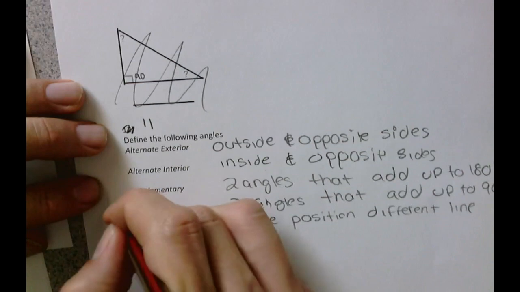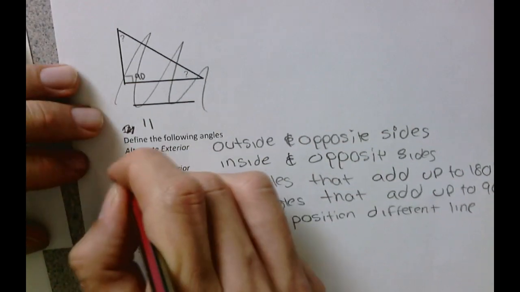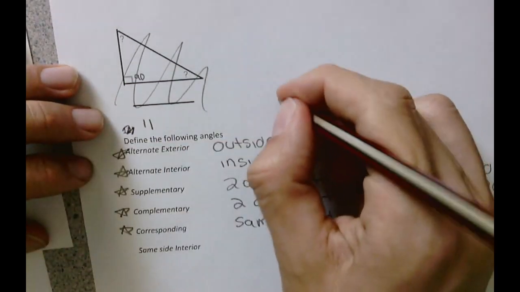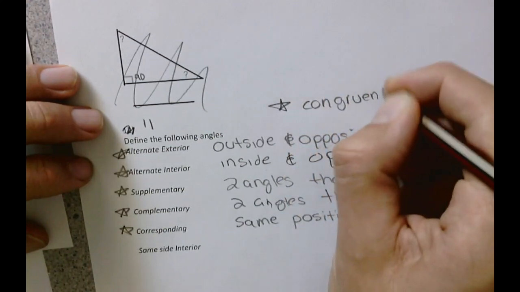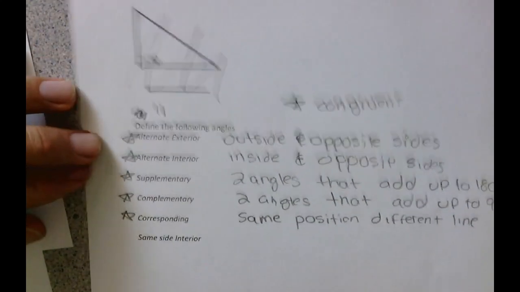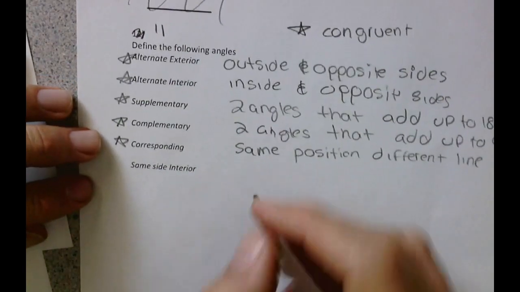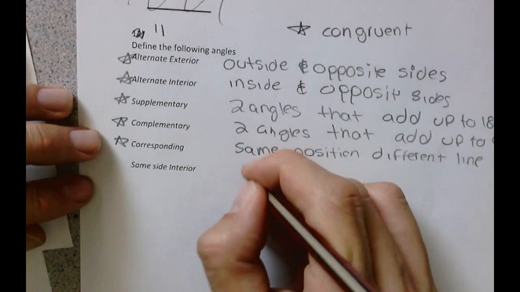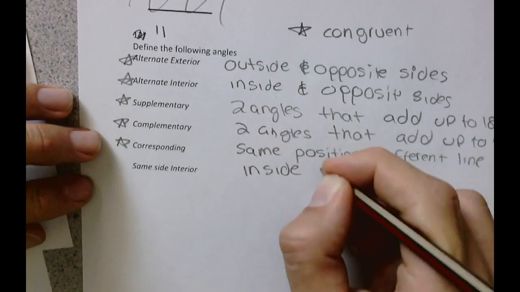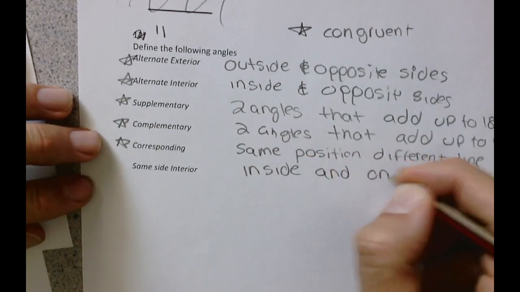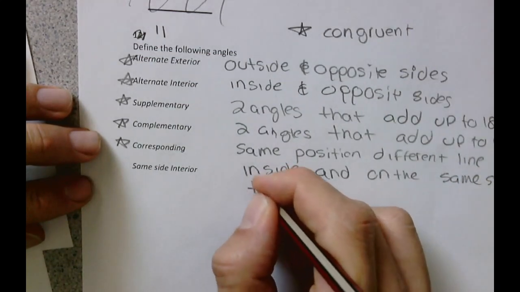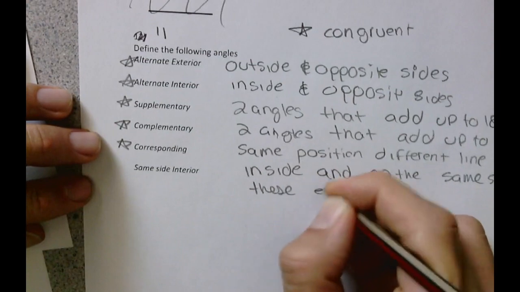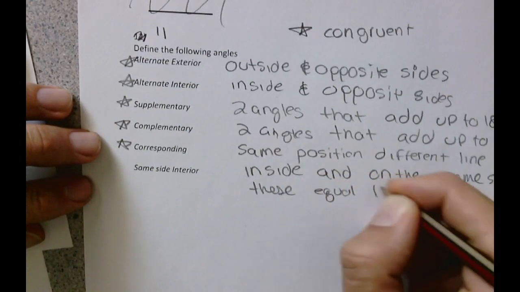Just going to put a star next to all of these. And the star ones are congruent, meaning that they're the same. Same side interior, inside, and on the same side. And these equal 180 degrees.